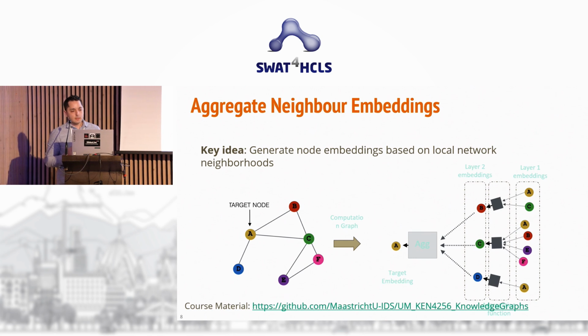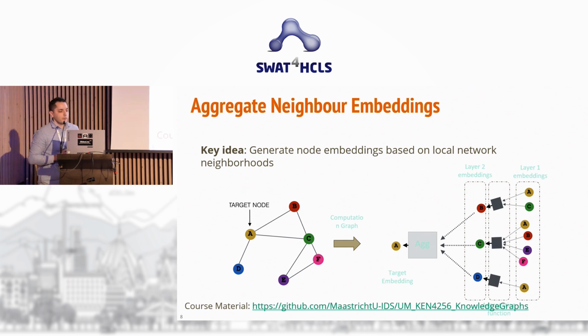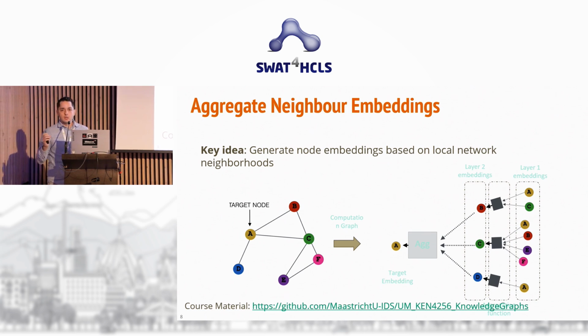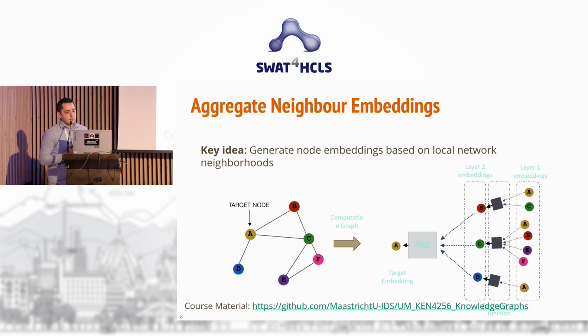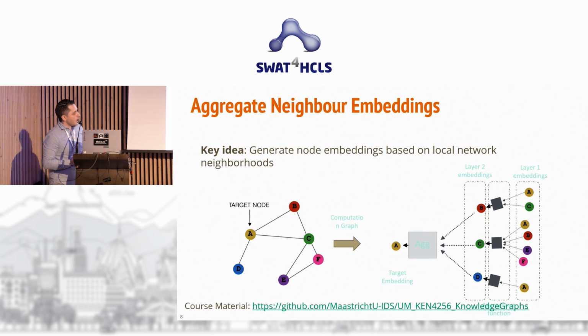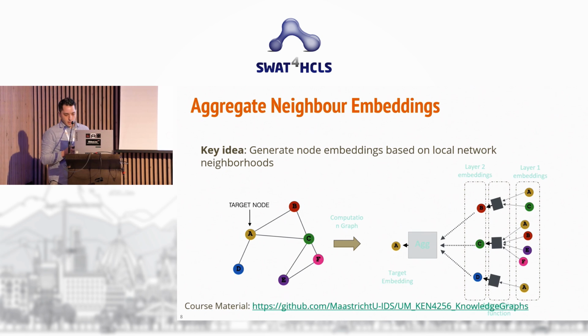One is this idea of local neighborhood, where the vector representation of a node, for example the target node A shown here, is learned by message passing over these links and neighborhood nodes. Also, these layers of message passing can be stacked over each other, and you can get as deep as you like, and this expands your receptive field.